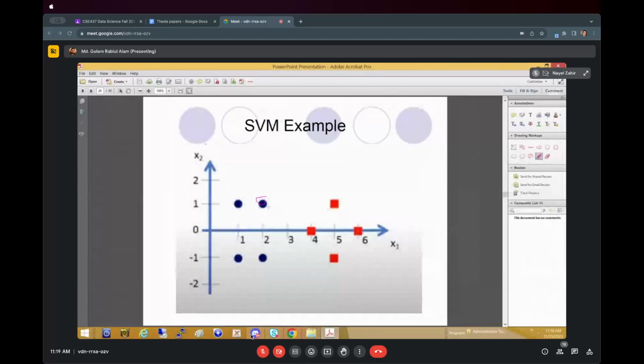Usually the number of support vectors depends on the number of dimensions of the data. It is two-dimensional data, that means we need to consider d plus 1, here d is 2, that's 3 support vectors for this case. It is a standard, or at least we need to select at least 2 support vectors for this purpose.